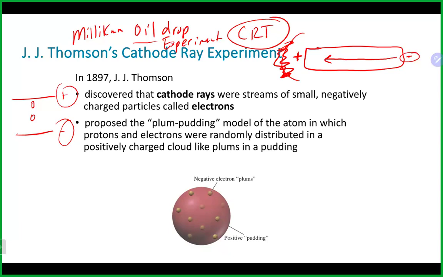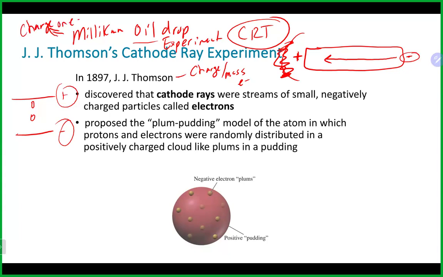Those two experiments were really important in terms of understanding the electron. Thomson figured out the charge to mass ratio of an electron, and Millikan figured out the charge on an electron.